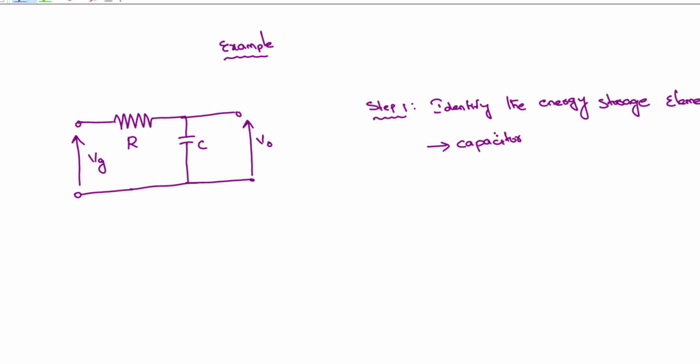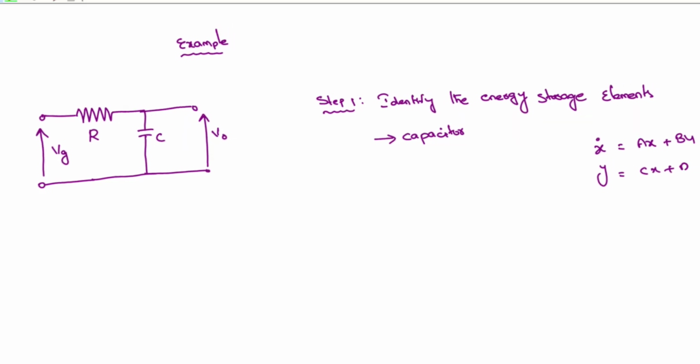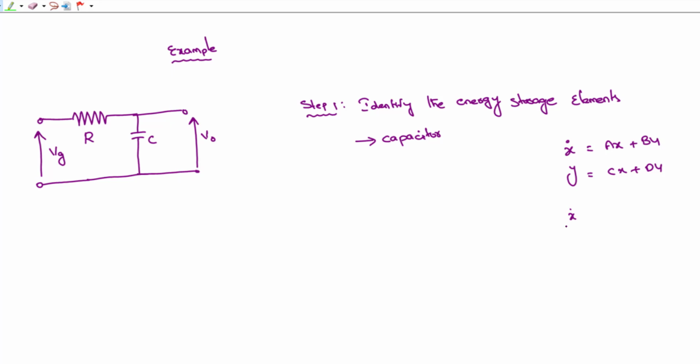Just recollect our main equation: x dot is equal to ax plus bu, y equal to cx plus du, and in matrix form, x dot and y is equal to the matrix of a, b, c, d times x and u, where x is the state variable and u is the input.